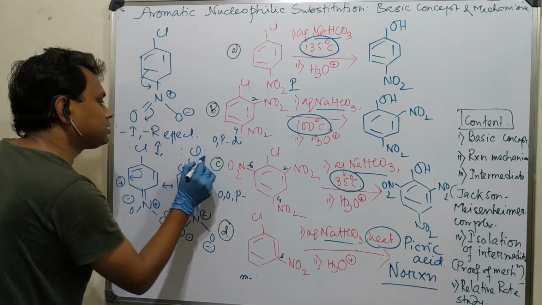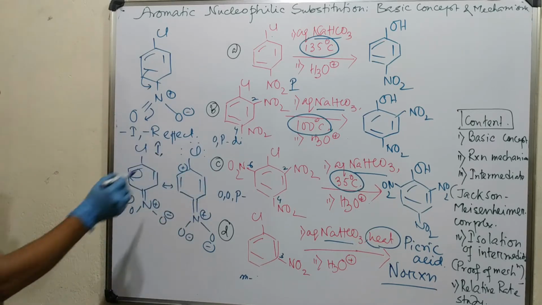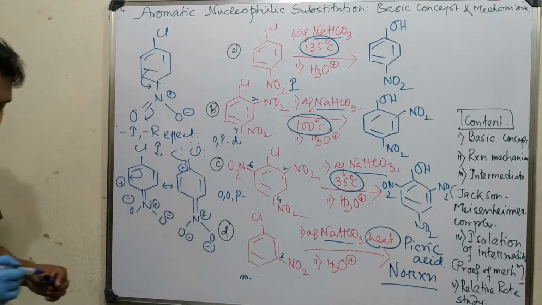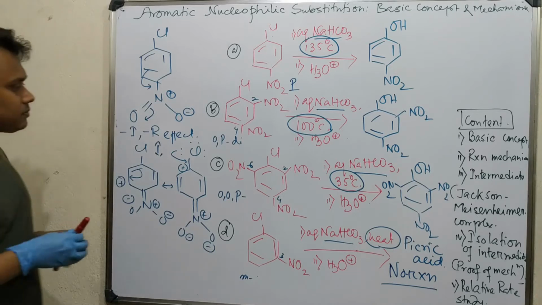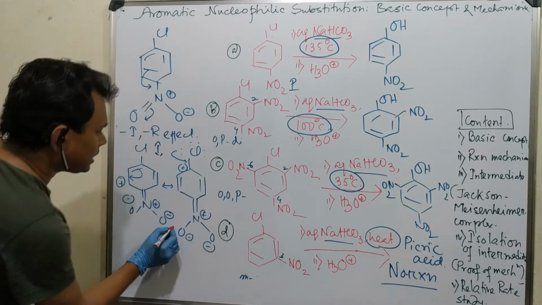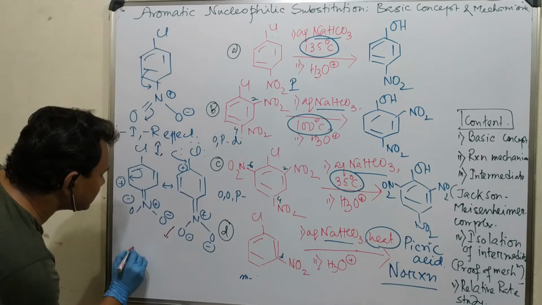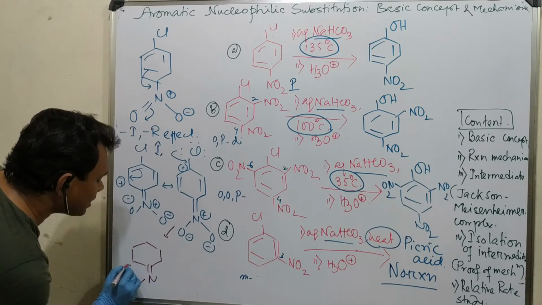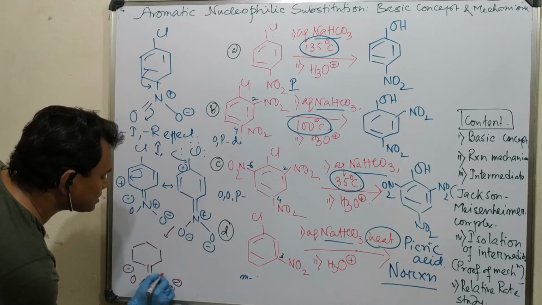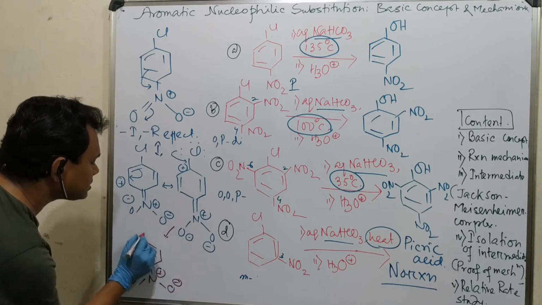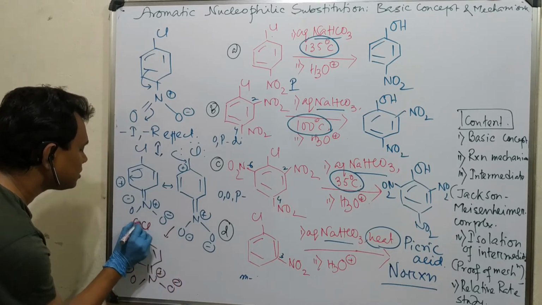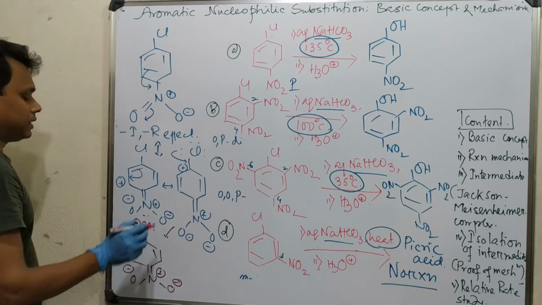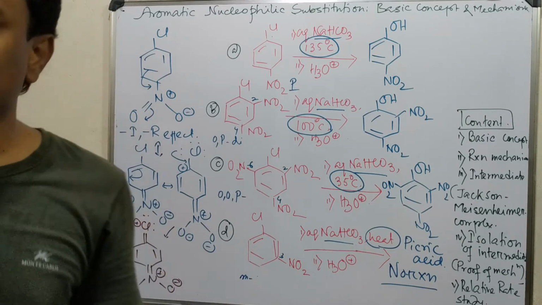We can think that since this chlorine has a lone pair, the lone pair would be donated and the intermediate would be stabilized. So we can think of it as another canonical form. I am writing it because it will help you understand the process clearly. This Cl plus, two lone pairs left. So all such types of resonance are possible.